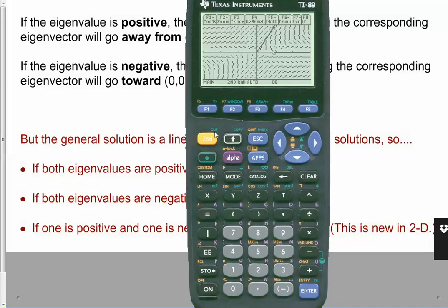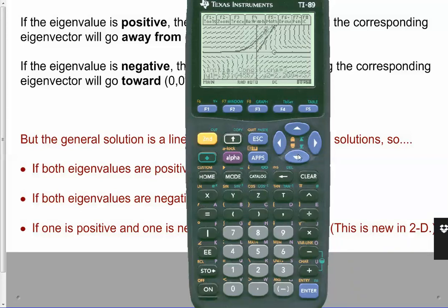And the result of that, if you start at any other point, say here, it kind of follows the inward one, but it doesn't quite get to 0, 0, and eventually the other straight line solution takes over and we go out that way.